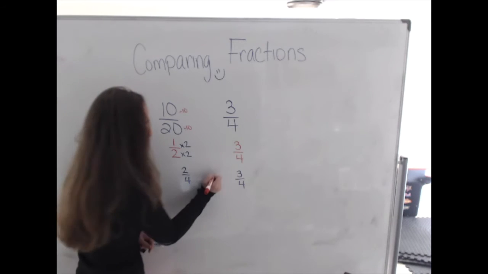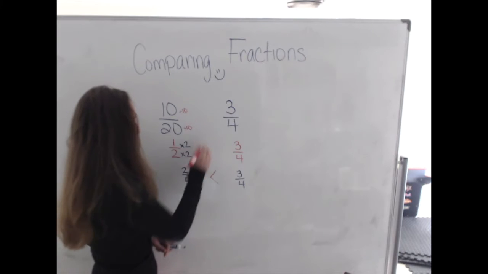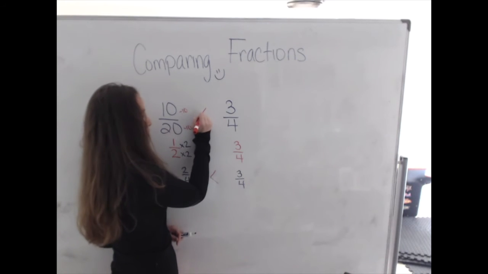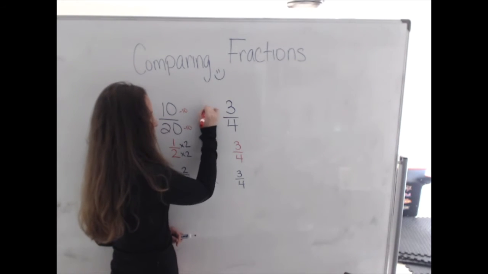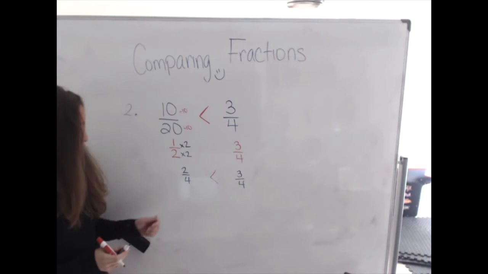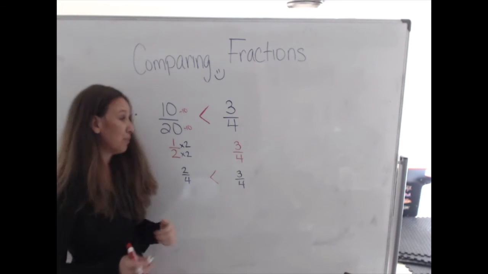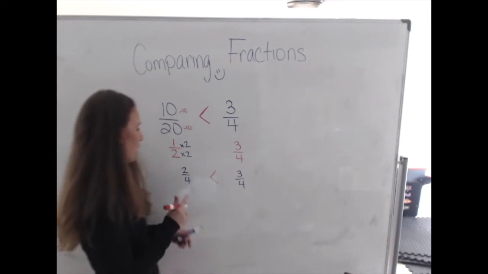That's right, 3/4 is larger than 2/4. So we're going to have our alligator's mouth, or our less than sign. So the alligator will face the 3/4. Now, if you didn't see that, again, that's okay, because watch this.